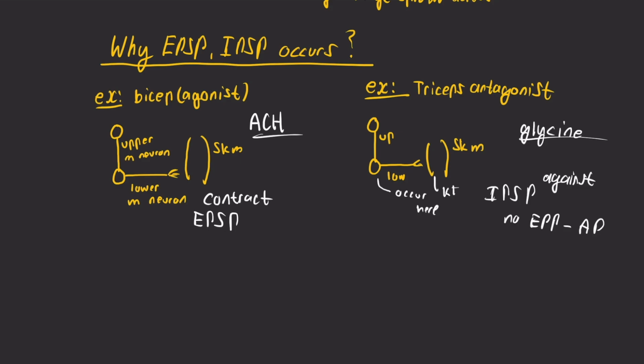You're going to have inhibitory postsynaptic potential, with certain types of neurotransmitters being released rather than the ones causing a contraction with the excitatory postsynaptic potential. So those are some things to remember about why excitatory postsynaptic potential and inhibitory postsynaptic potential occur with muscles as well.